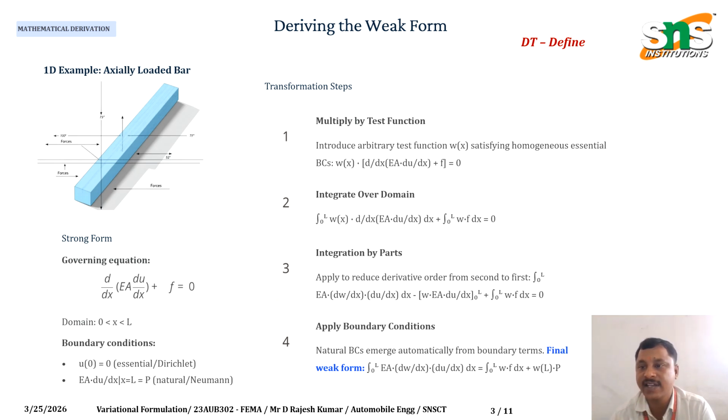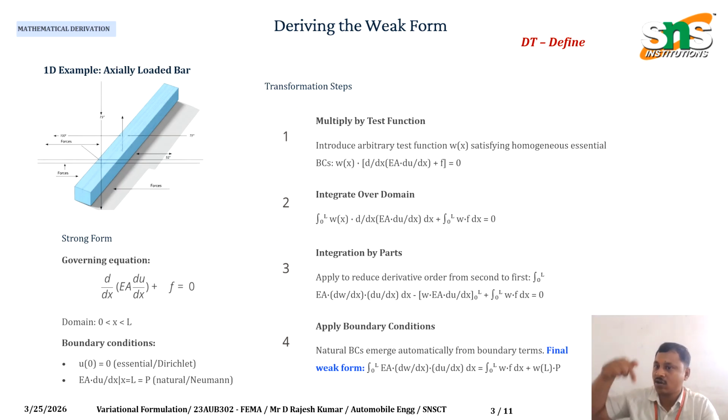So the loading conditions, you can see there are two kinds of loading. One is the axially distributed load and one is the concentrated load. The axial loading, that is f, along the length of the element, is force per unit length.